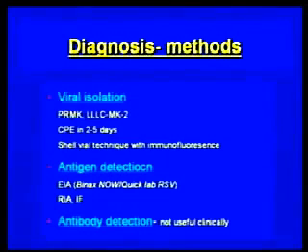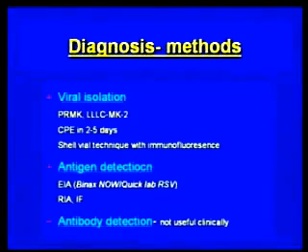Now, viral isolation is not difficult to do if you can get the right specimen at the right time, and it grows fairly fast. Once you see the cytopathic effect, you can go into immunofluorescence and definitively determine whether it's RSV. But the antigen detection, which is very readily available, is the ELISA or EIA, and this is used in pretty much most hospital labs, and gives you a quick answer.